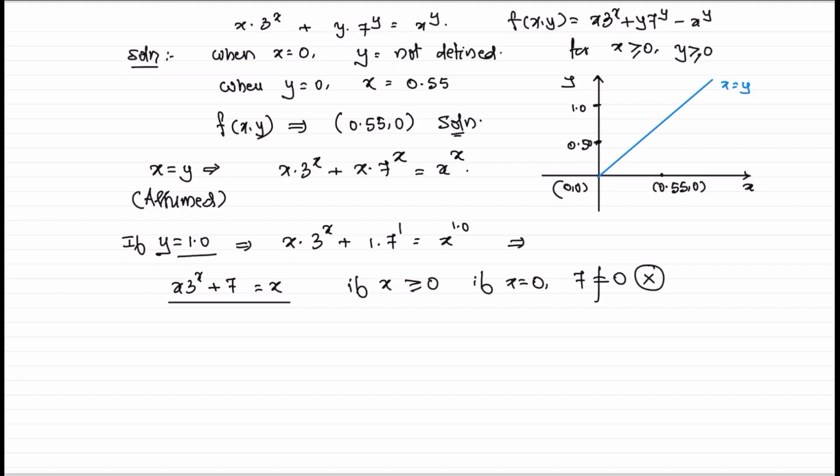If x is greater than 0, what happens? x into 3 to the power of x will be greater than 0, 7 is greater than 0, and x is greater than 0. x into 3 to the power of x plus 7 is always greater than x.